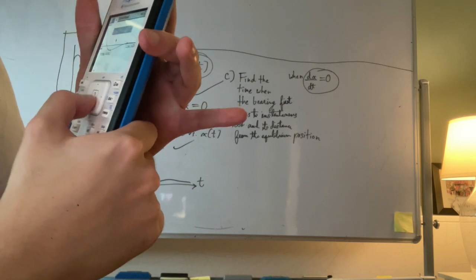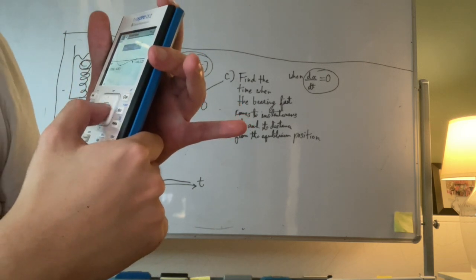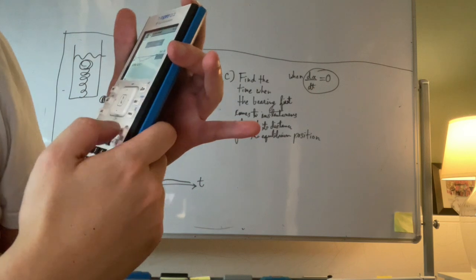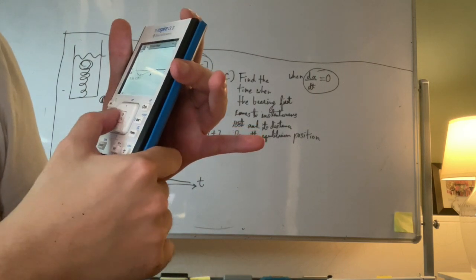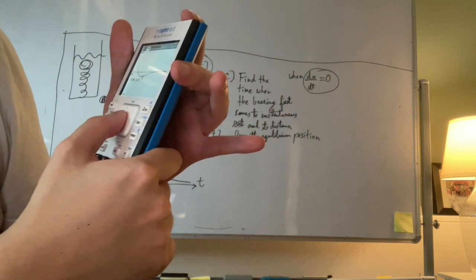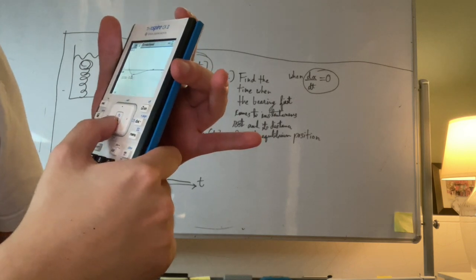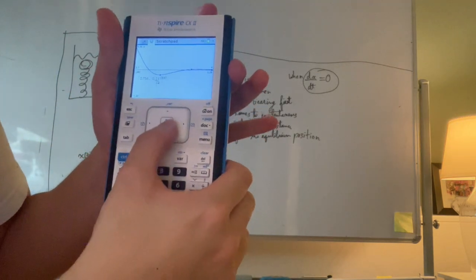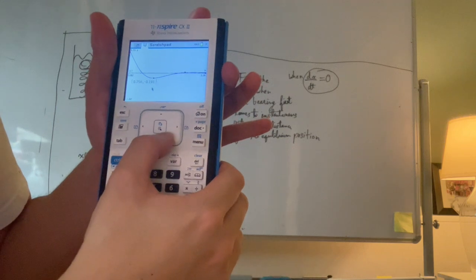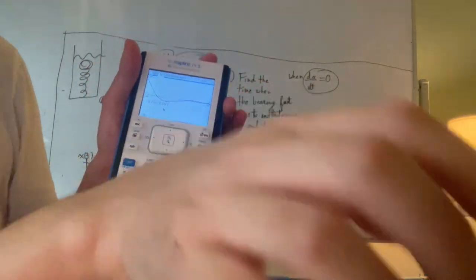Sorry about that. Ignore this point here. This can be deleted. That's probably some local maximum. But this local minimum is 0.756 and negative 0.191.